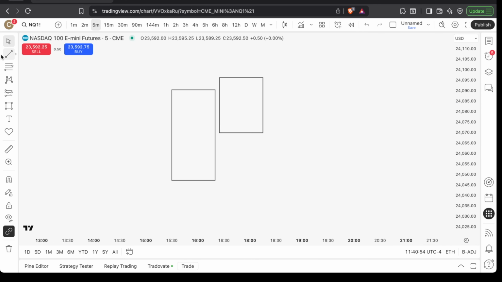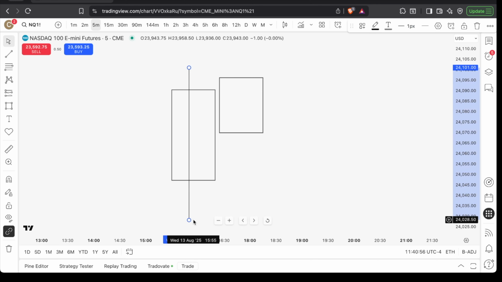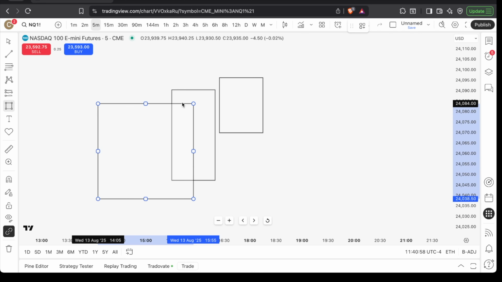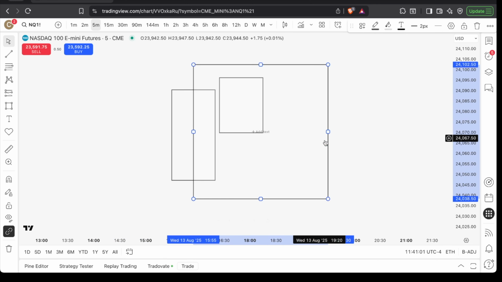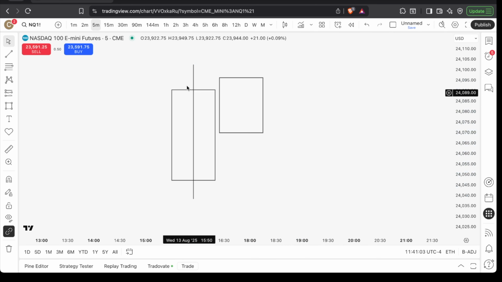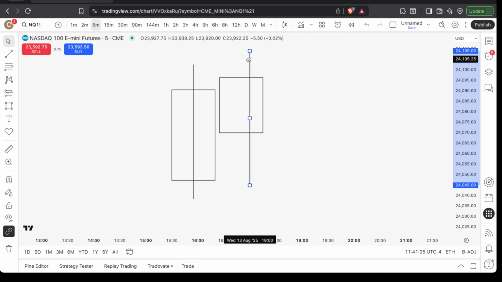Another bullish candle. And what did the candle do?